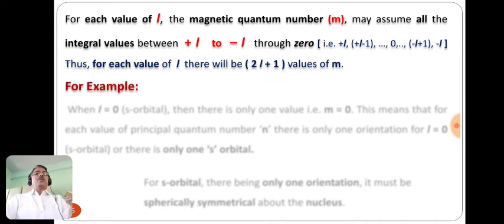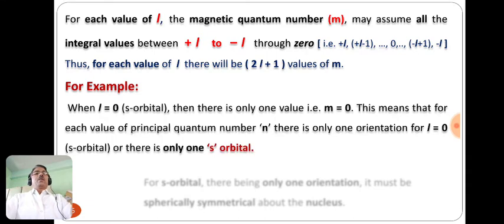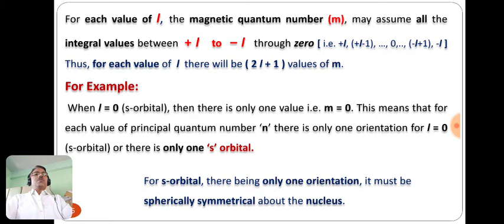For example, when l equals 0, it is the s orbital, and there is only one value for m. This means that for each value of principal quantum number n, there is only one orientation for l equal to 0, and there is only one s subshell. So for the s orbital, there is only one orientation.